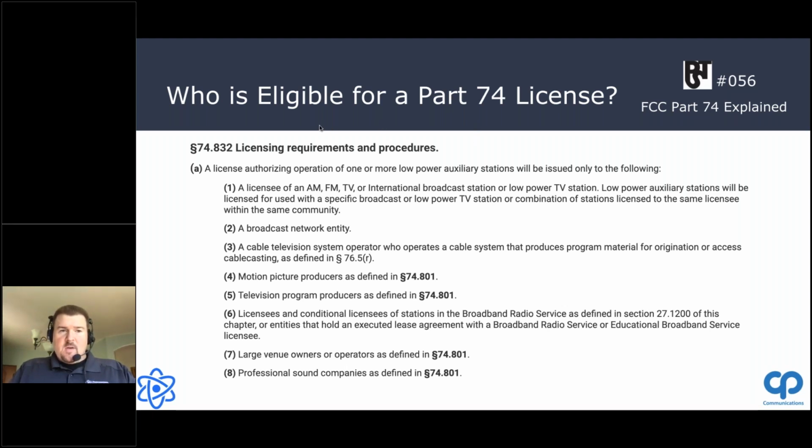So once you've determined if you're eligible, you also want to look at the different licensing requirements. I think this part, we're really just listing some of the other less common entities here, but we already covered numbers 4, 5, 7, and 8 from this list. But also eligible are folks like broadcasters, cable television system operators, a broadcast network entity.